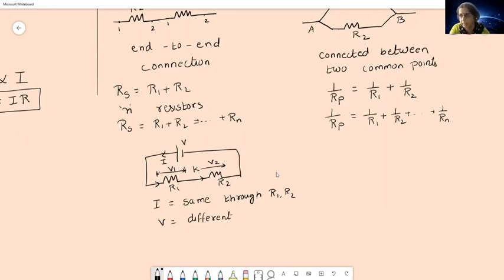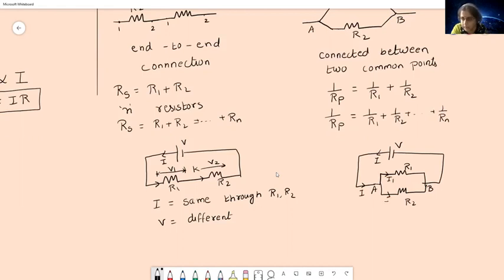So what happens in parallel connection? Say for example, I have V here, and it is connected in this way. The current passes here, you have R1 and you have R2, connected between two common points A and B. When I reaches here, I gets divided into two branches as I1 and I2.